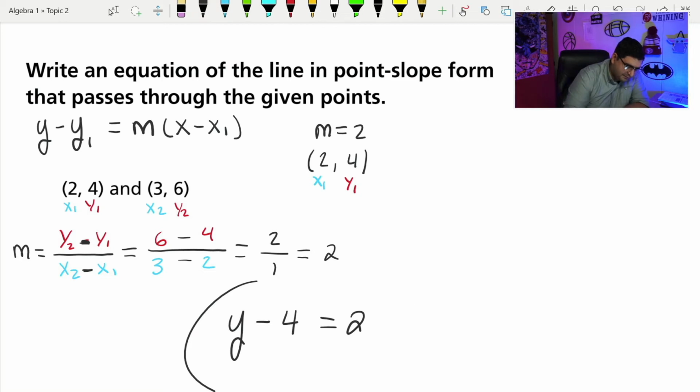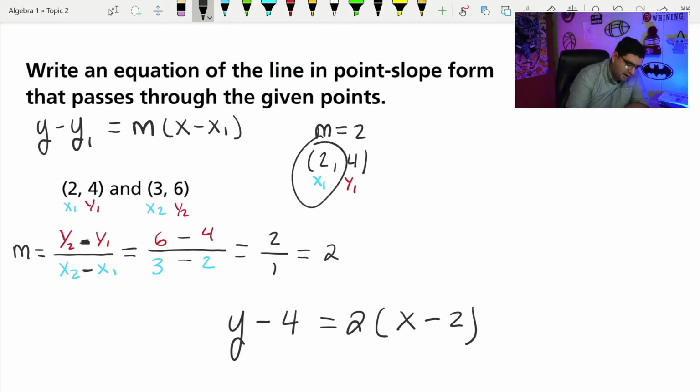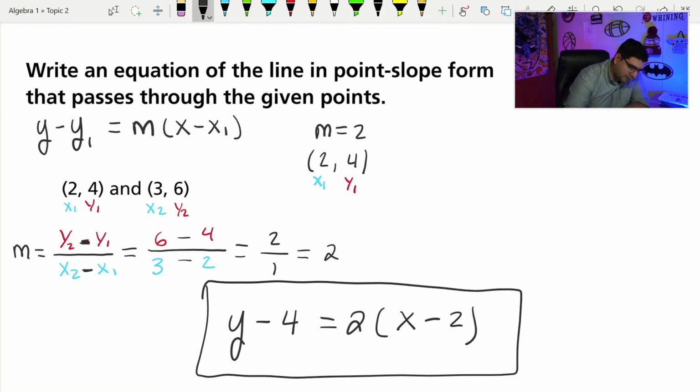Now I need my parentheses times x minus x1. Here we see x1 is 2. And there I have it, the equation to a line written in point slope form. And I know that this line would go through those 2 points.